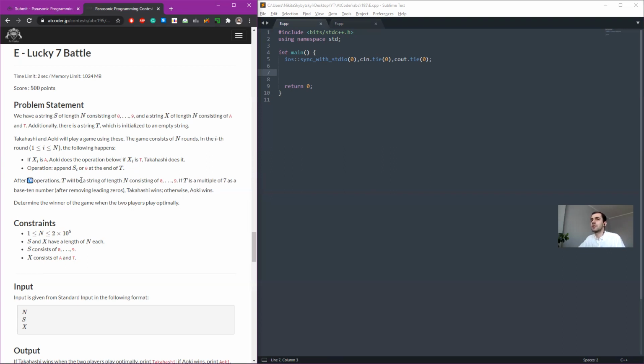After the operation, T will be a string of length N consisting of digits. If T is a multiple of 7 as a base 10 number, the Hashim wins, otherwise not. We want to determine who wins if both play their strategy appropriately.